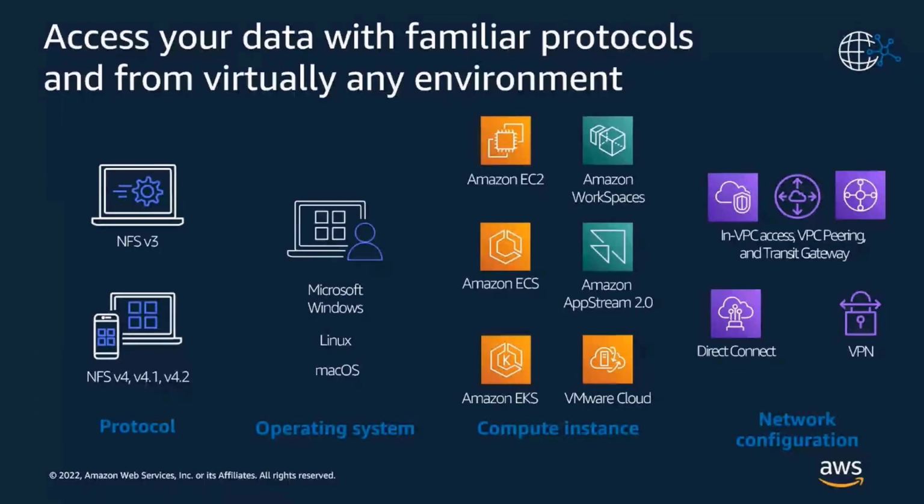So we support all major versions of NFS, NFS v3, v4, 4.1, 4.2, and in doing so are able to support a broad set of clients, including Windows, Linux, macOS, across a variety of compute and containers, including Amazon EC2, ECS, EKS, WorkSpaces, AppStream, and across a variety of different network configurations, either within AWS or between on-premises and AWS, leveraging technologies like Direct Connect.